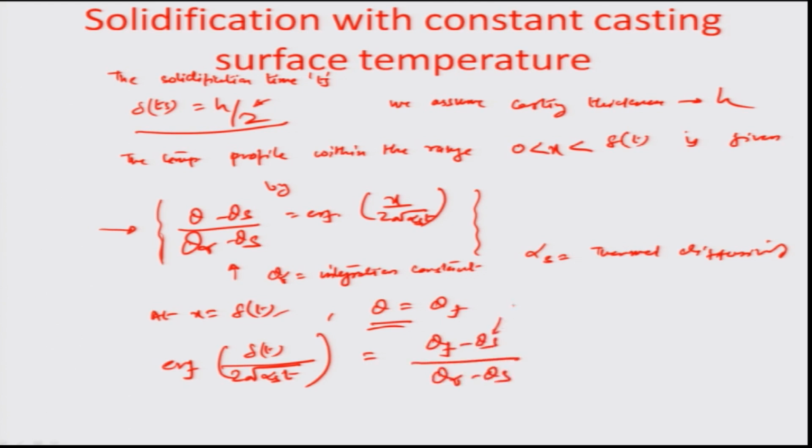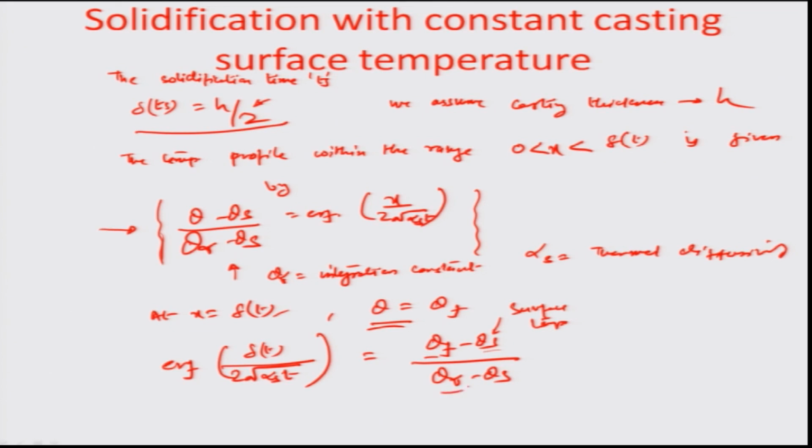Mind you, this is the casting surface temperature. You are assuming that the mold is water cooled and acts as a sink. So, this actually cannot change because the freezing point and the casting surface temperature are similar.